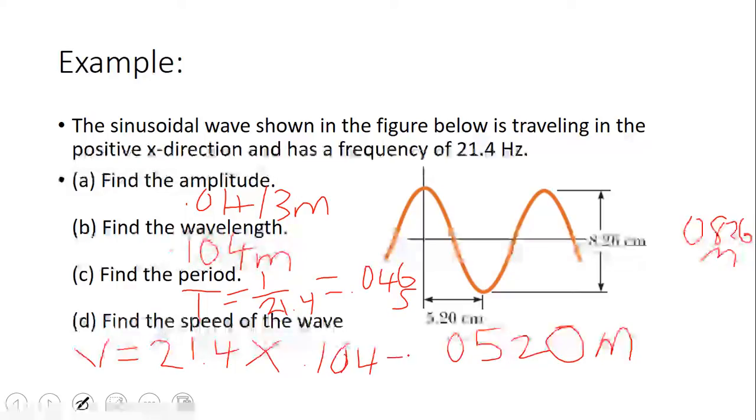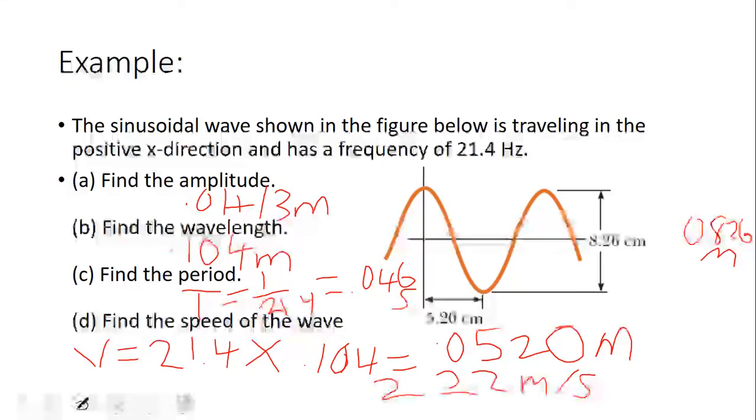And then we find that velocity is equal to 2.22 meters per second, which is the unit for velocity.